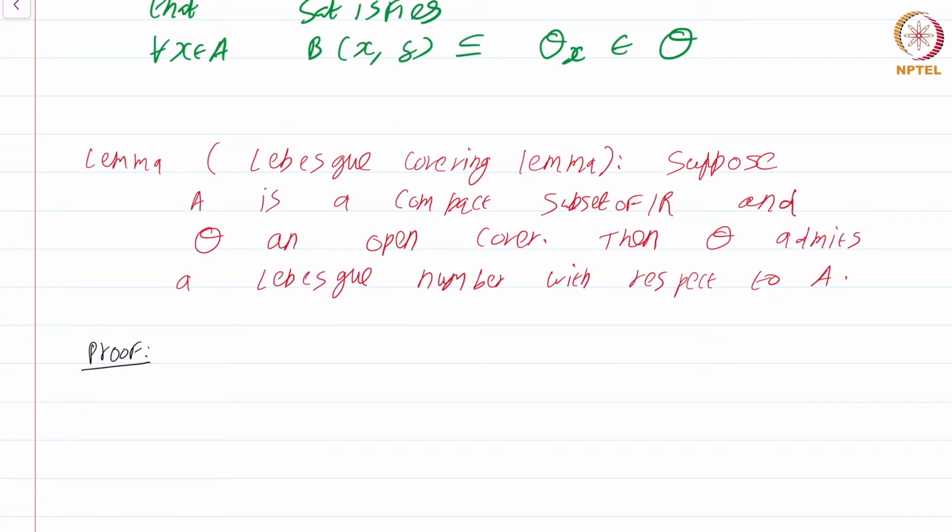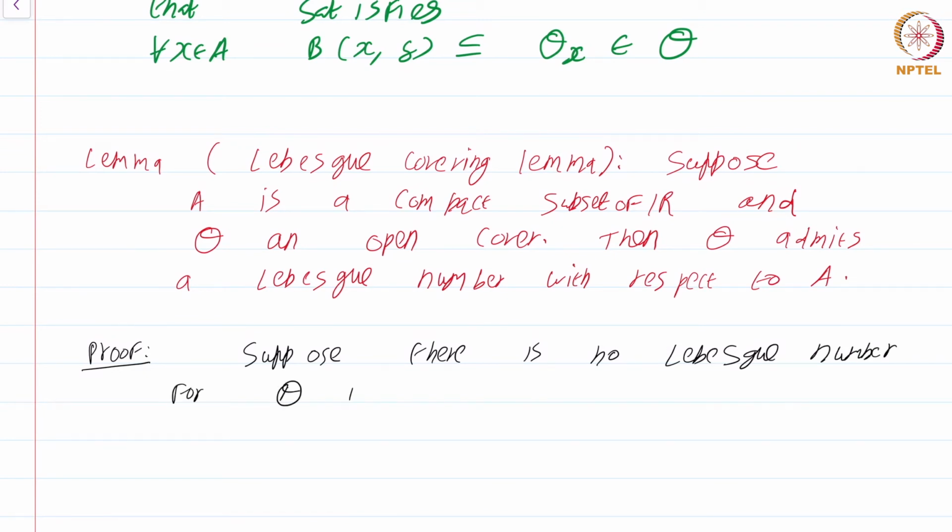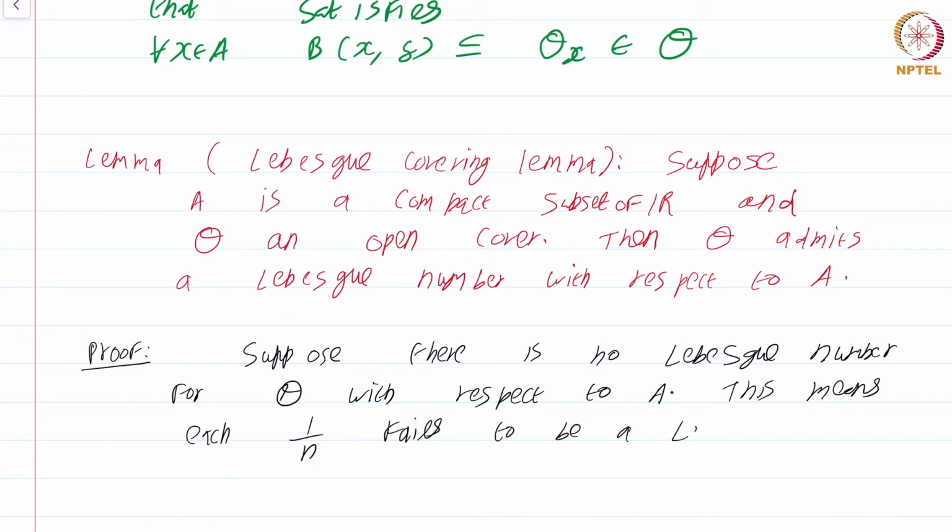Okay. Suppose there is no Lebesgue number for O with respect to A. This means each 1 by n fails to be a Lebesgue number, right?